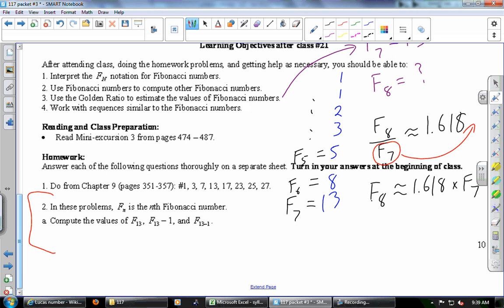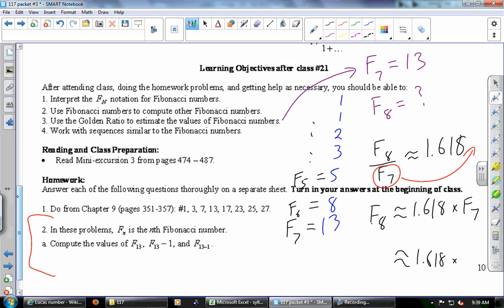So let's see if it's true. We know what the answer is supposed to be. 1.618 times, what is F7 according to the givens in this problem? Yeah, F7 is given to us in this problem as 13. So what I'm saying is if we multiply 1.618 by 13, we're going to get pretty close to F8. Now F8 again is exactly how much? We know it's 21 because we happen to have the previous two numbers in the list.